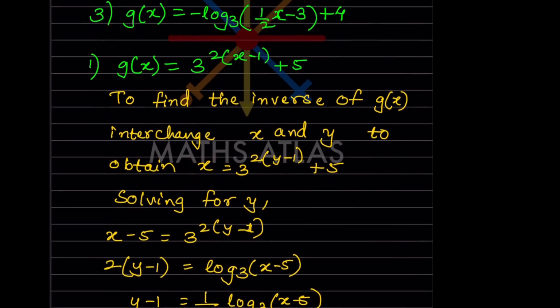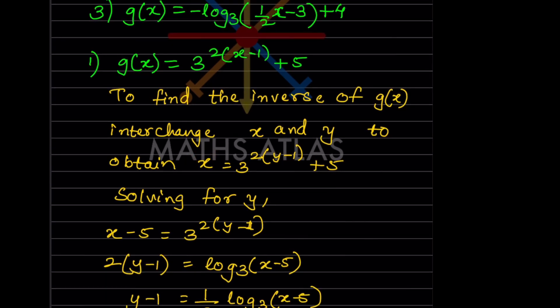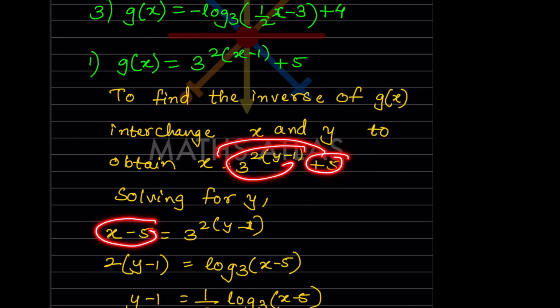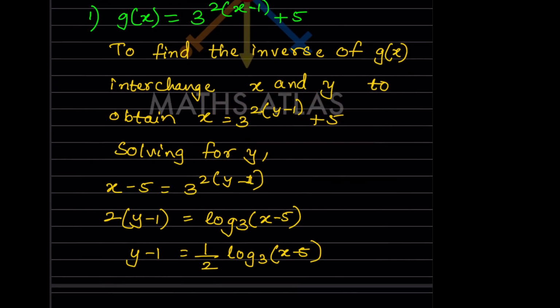Now we are going to solve for y. The plus 5 you will bring to this side, so that will be x minus 5, and this is going to remain the same. Since this is the exponent, according to the law, this will be log of x minus 5 to the base 3.